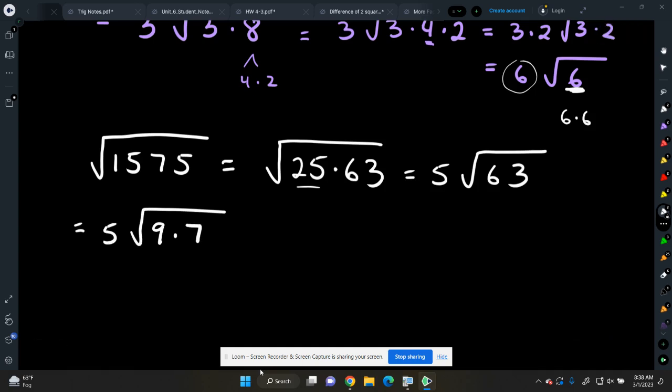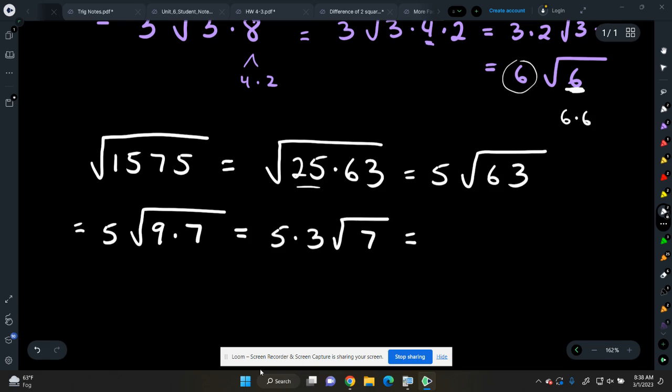Take the square root, and the square root of 9 is 3. So I've got 5 times 3 times the square root of 7, which gives me 15 square root of 7.